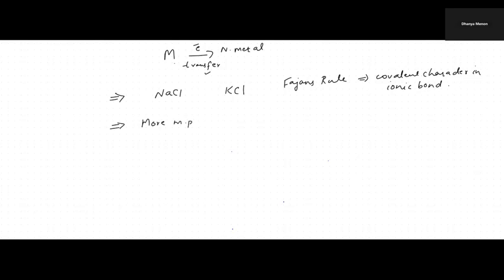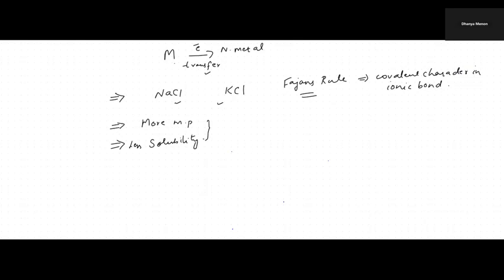Whichever compound has more covalent character will have a lesser melting point and boiling point compared to the other one. They can also give you two compounds and ask which one has less solubility. So unless you know which compound has more covalent character, you cannot decide these. So Fajans rule tells us the covalent character in ionic bond.